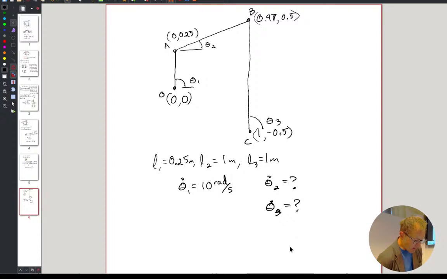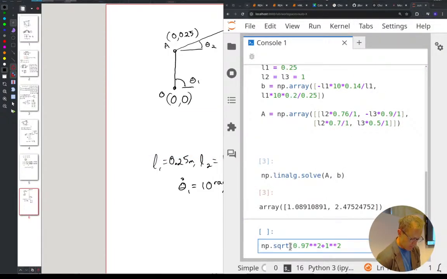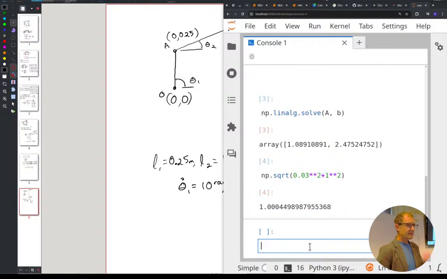Or wait, sorry, we want 1 squared and 0.03 squared, right? So it ends up being 1.0004. So depending on how many sig figs we have, still 1 meter.